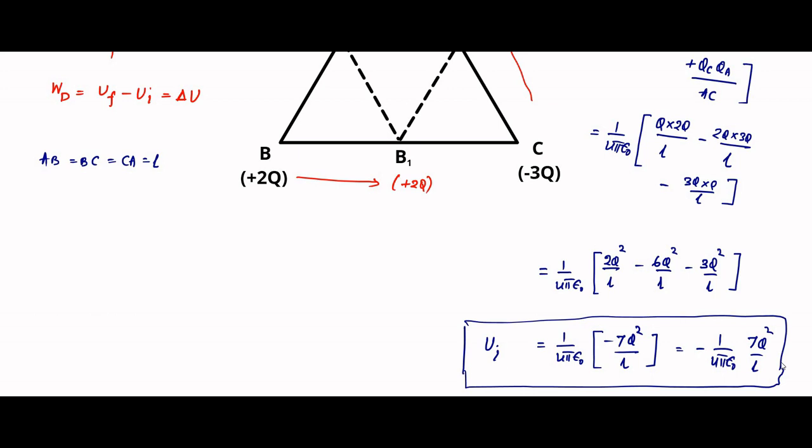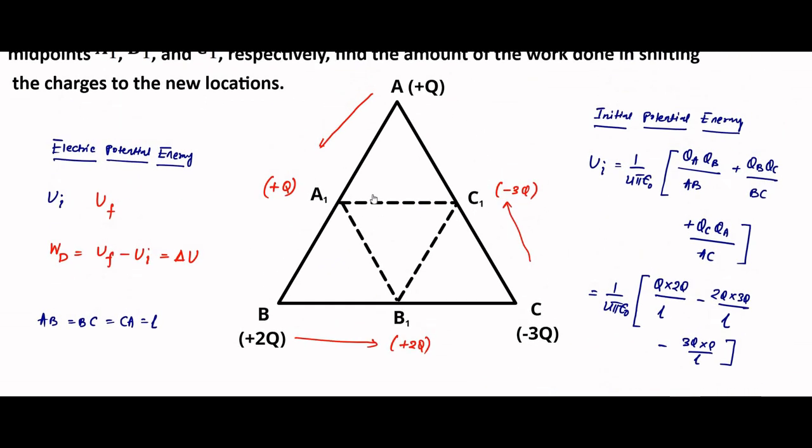Then for the final potential energy, the charges are moved to the midpoints A1, B1, C1: A1 between A and B, B1 between B and C, and C1 between C and A. Again it forms an equilateral triangle.